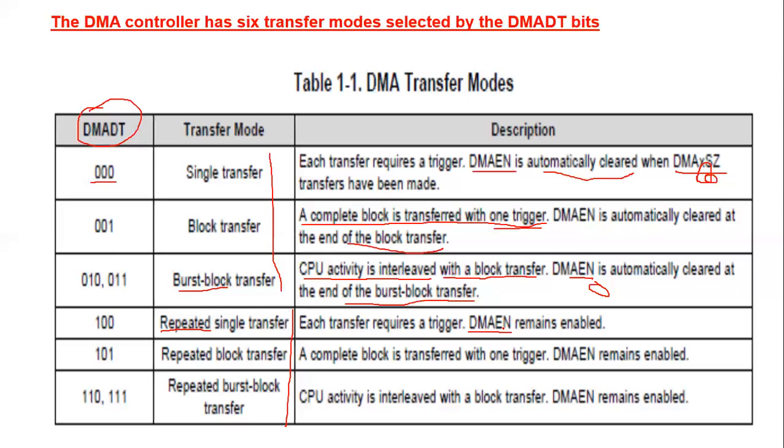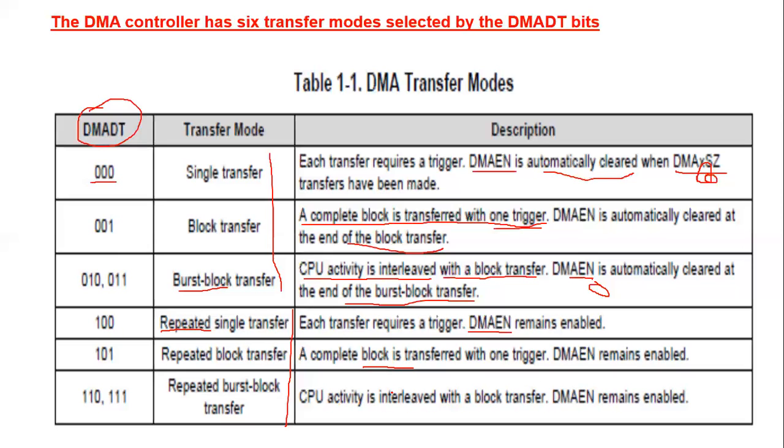That is repeated. Similarly, repeated blocks: if this is 1, the number of blocks has no constant, so any number of blocks can be transferred. Only if this is equal to 0, the block transfer will be stopped. And similarly, here also repeated, CPU along with block transfer.